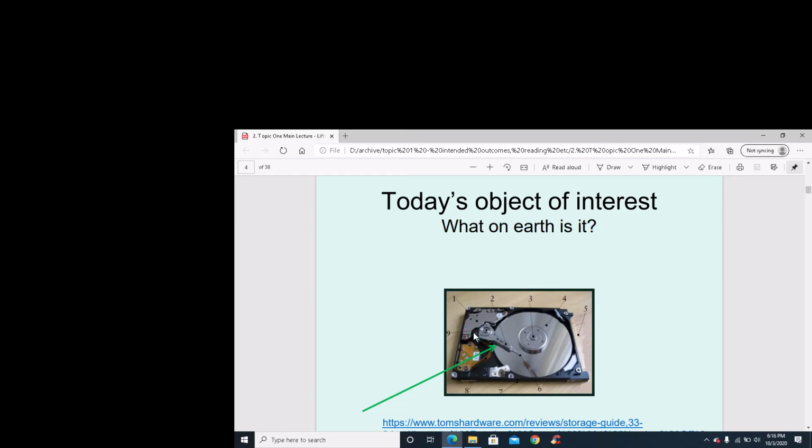And giving away a little secret, the arm can actually be positioned here at the outside edge of the plate, or it can be moved at very high speed right towards the centre of the hard disk drive. And here you've got a box of electronics, and mainly the electronics are going to control the movement of the arm and the actual movement of the disk.